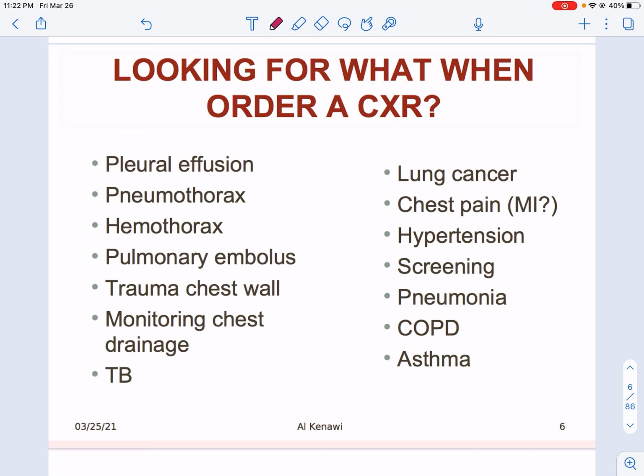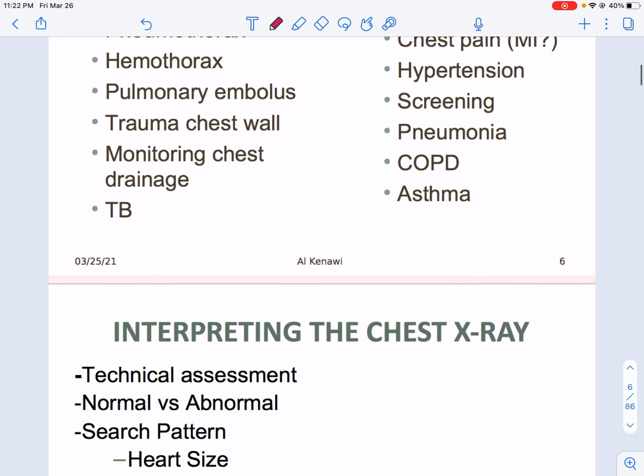I'll go over all of that later, but here are some of the diseases that we can gain much information about using just a chest x-ray. We can follow up with biopsy or with another scan, but chest x-ray is going to be an essential step for all of these abnormalities.